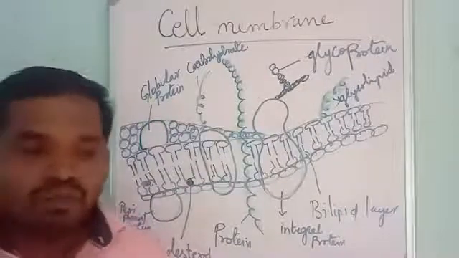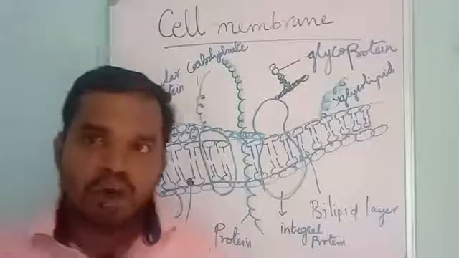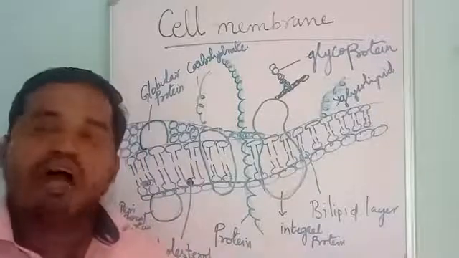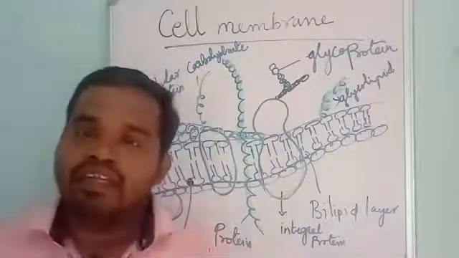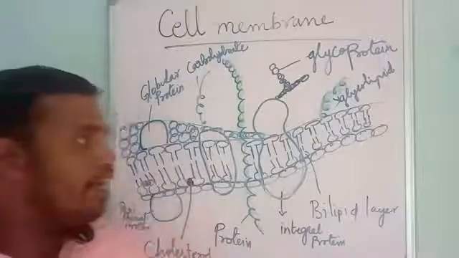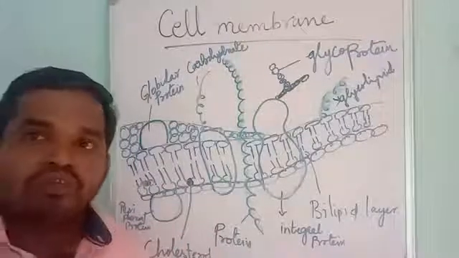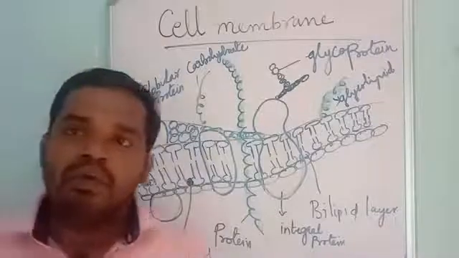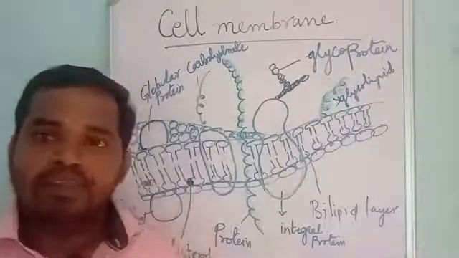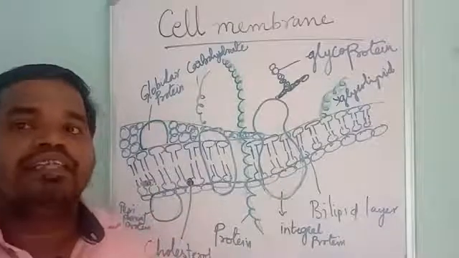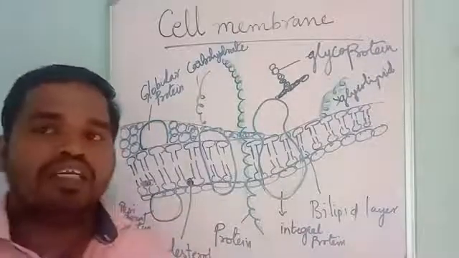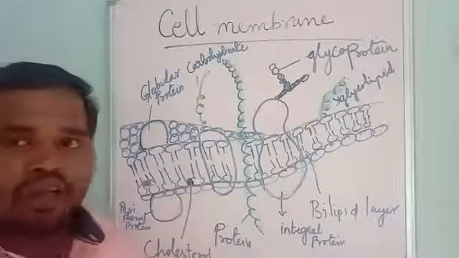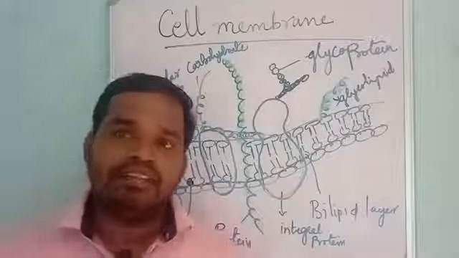When we see a mosaic floor, we find small color bubbles of different sizes and shapes, and different components are identified in it. In the same way, in the plasma membrane, according to the fluid mosaic model, we find carbohydrates, glycoproteins, glycolipids, along with integral proteins and cholesterol. All these components are embedded. Thereby, this is the best model for explaining the cell membrane structure.